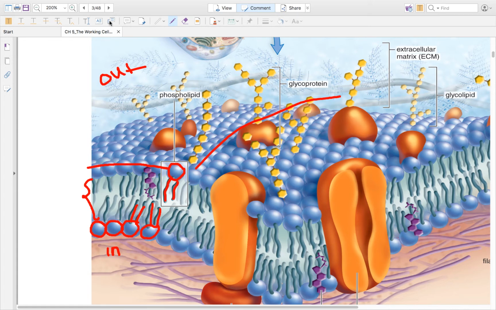Okay, so let's be very clear here. I want you guys to note this. This region, this is the hydrophilic head. Okay. And of course there's one on each side.